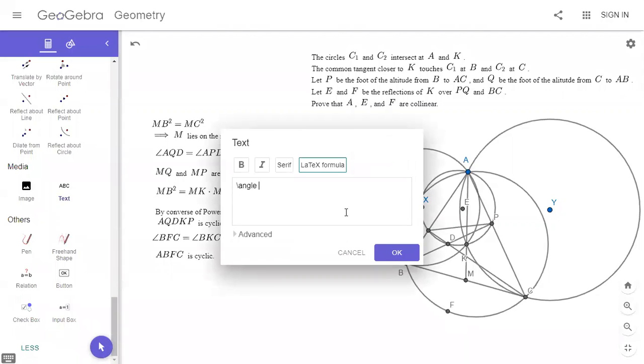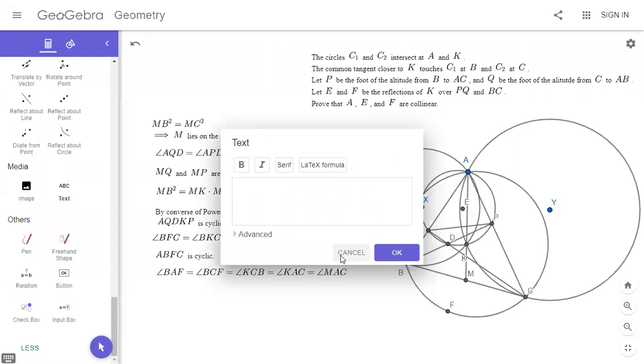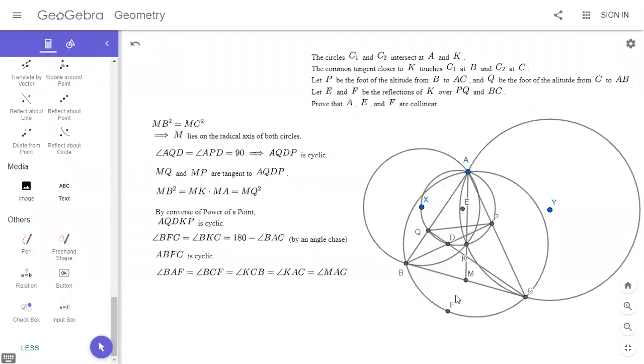So I'm going to write it out. All right, so angle BAF is equal to angle MAC. And then that means that F lies on the AC median.